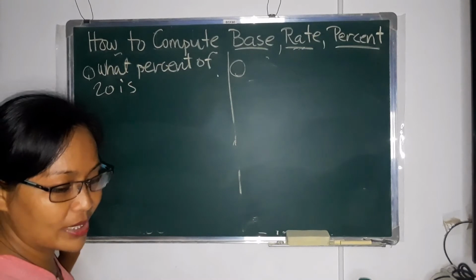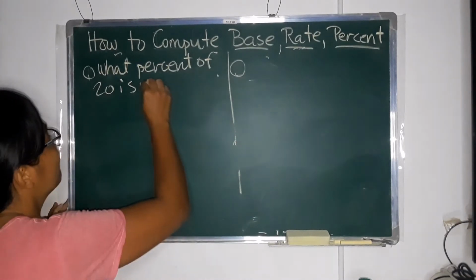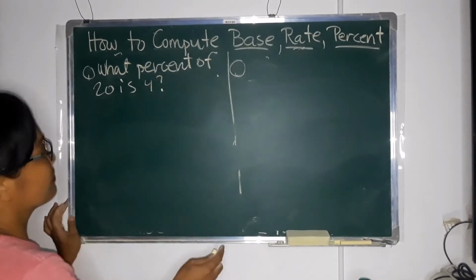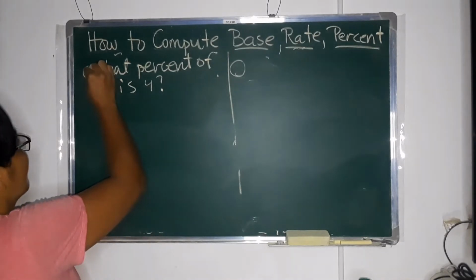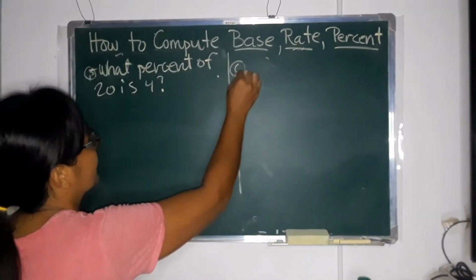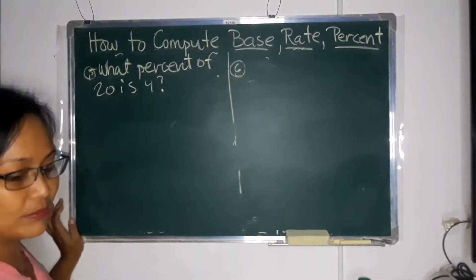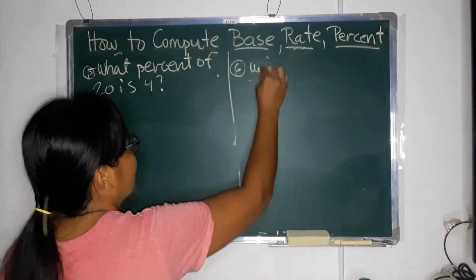What percent of 20 is 4? Next. What percent of 56 is 7?